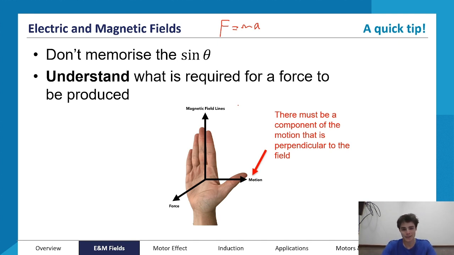One other last side note: if you've picked up on stuff nice and quickly, you may have noticed that the force is always acting perpendicularly to the magnetic field lines, and it's always acting perpendicularly to the direction of motion.